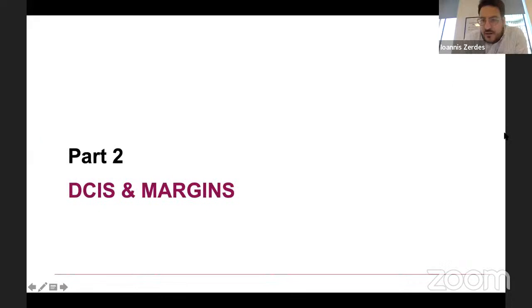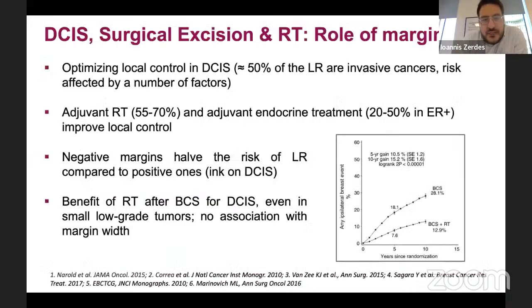Moving to the second part and discussing the association between DCIS and margins, it is important to mention that optimizing local control in DCIS is of importance, since 50% of the local recurrences could be invasive cancers.